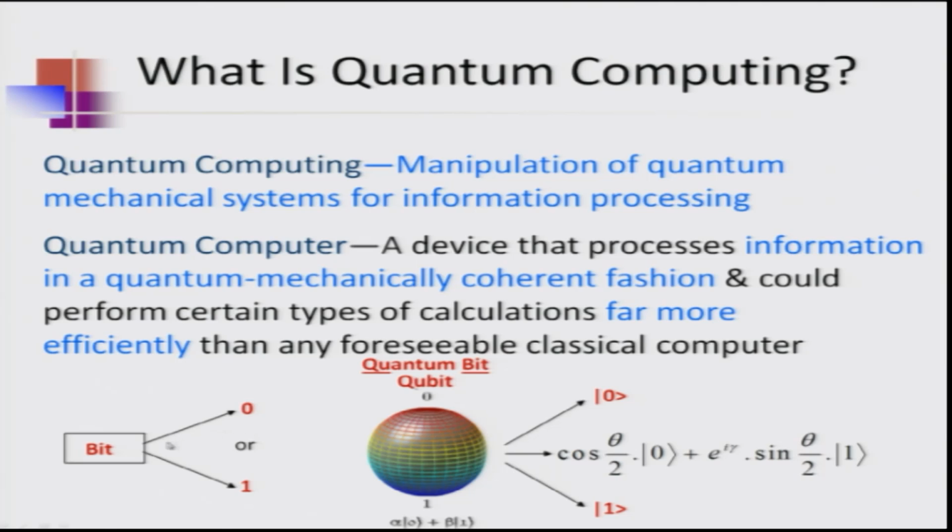So, this is how the general difference is. A bit will take only 1 or 0, whereas quantum bit or a qubit can have any of the possible combinations of the two. However, at any point of time when you measure, you will only see one of the two.